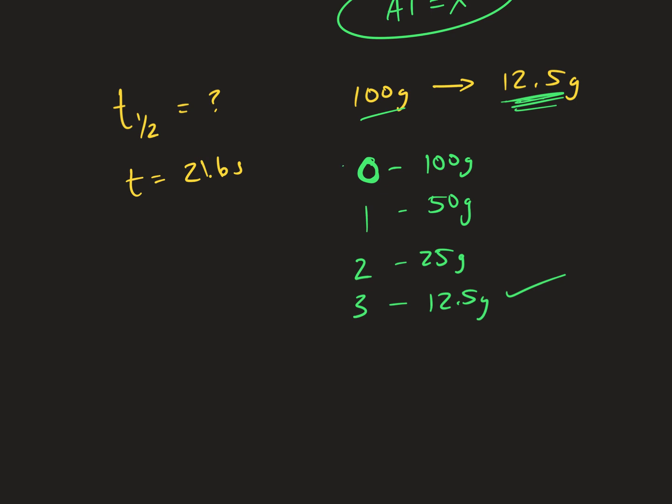So 3 half-lives goes by, and that's 21.6 seconds. What's 1 half-life? 21.6 divided by 3 half-lives, right? 7.2 seconds, that's our half-life.